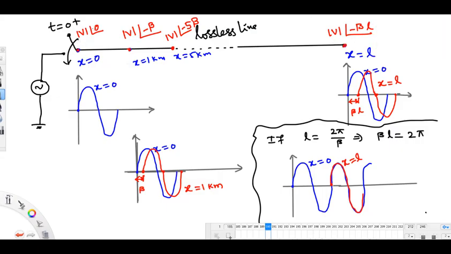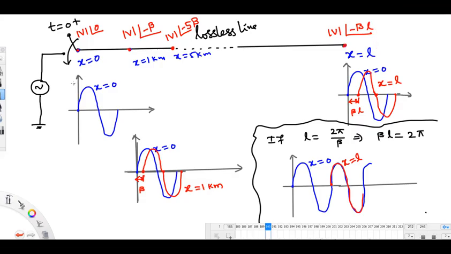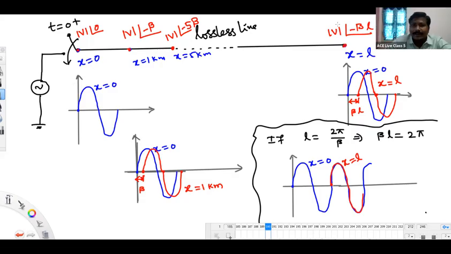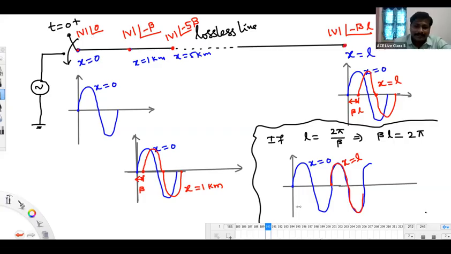You add beta L to this and you will get that. Exactly. You add beta L here, you add beta L here also. Reference is different in that case and this case. Yeah, getting?